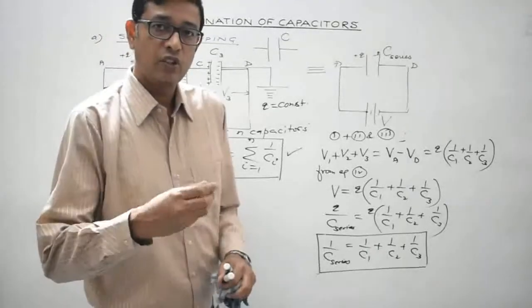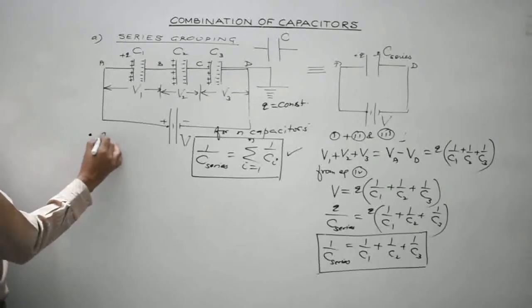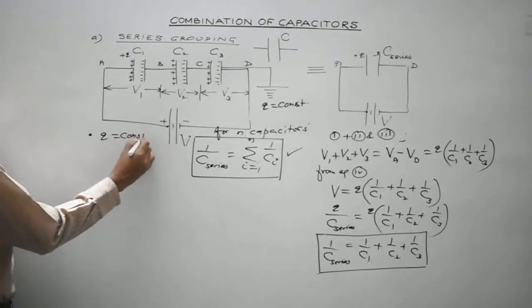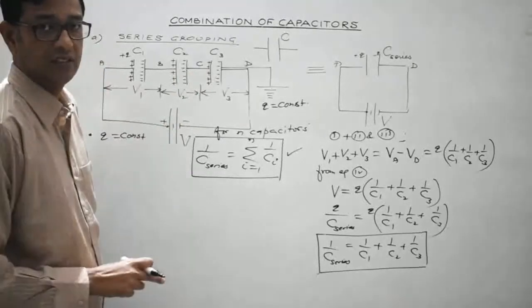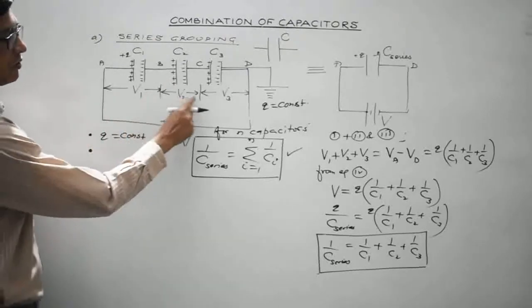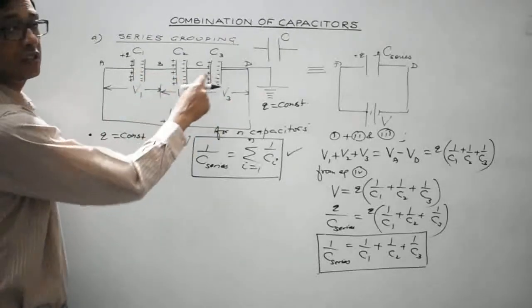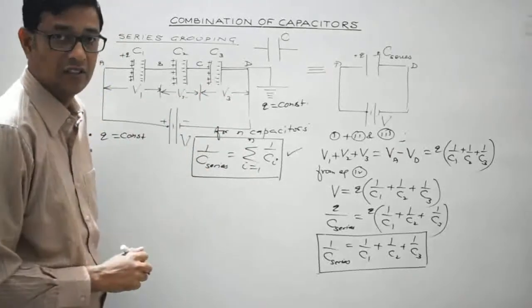Now some important theoretical conclusions. First, as I stated, charge across the plates of each of the capacitors must be constant. This is the first point. Second, the potential difference across the capacitors having different values of capacitances is different, right?